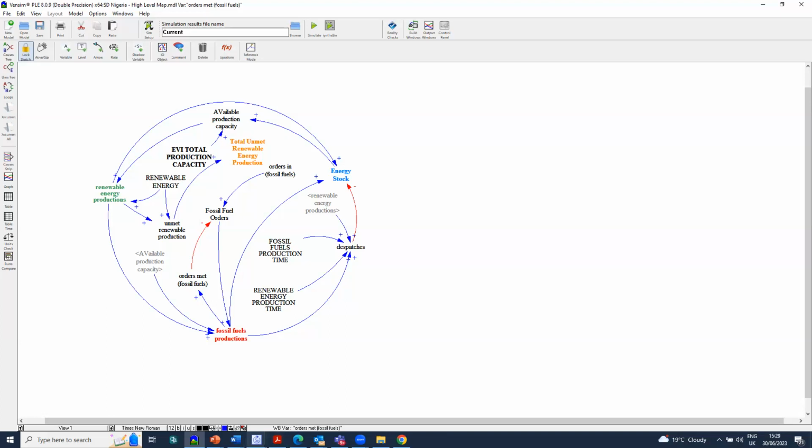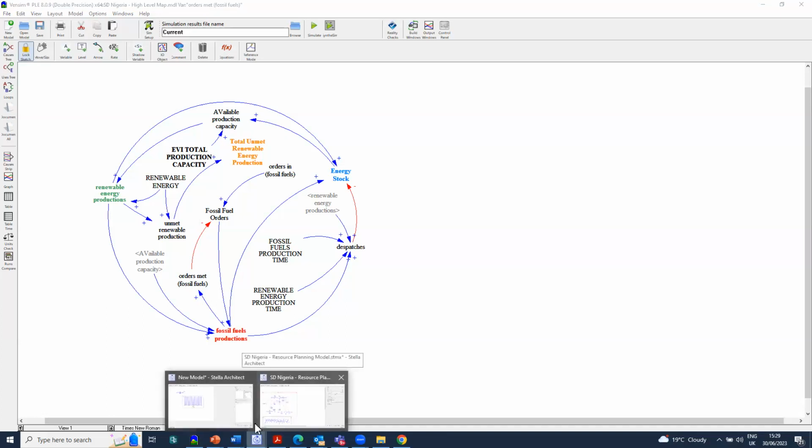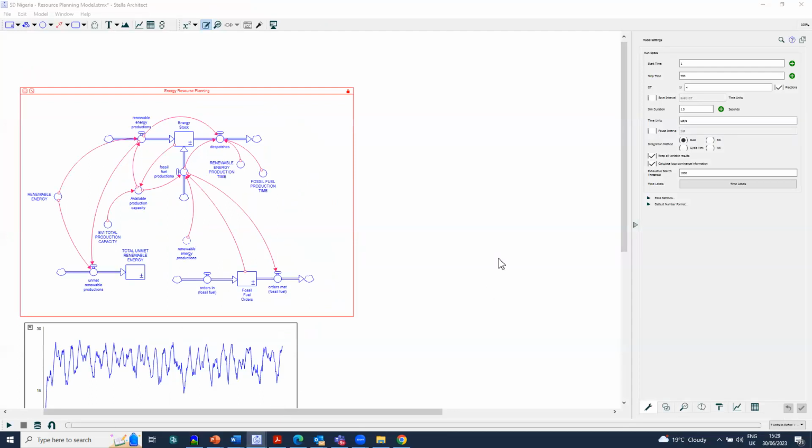I'll do a very quick click. This is the stock and flow diagram. I can work backward and also work forward.